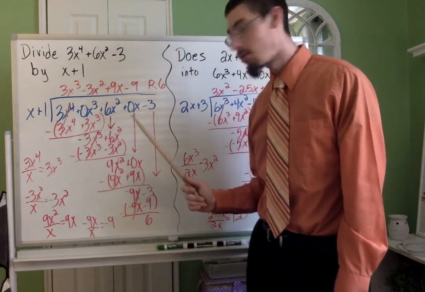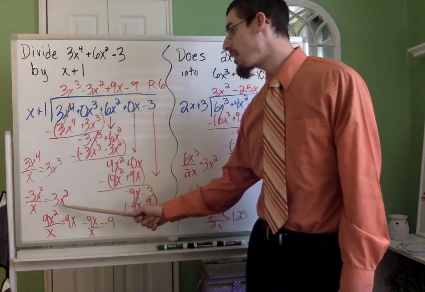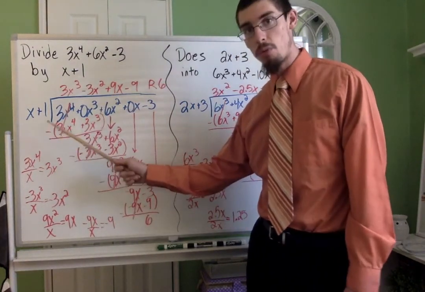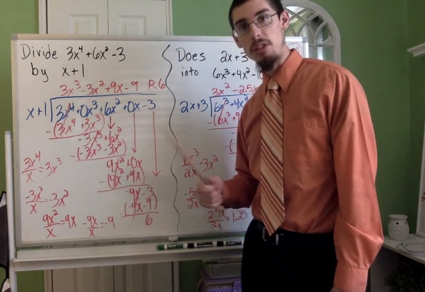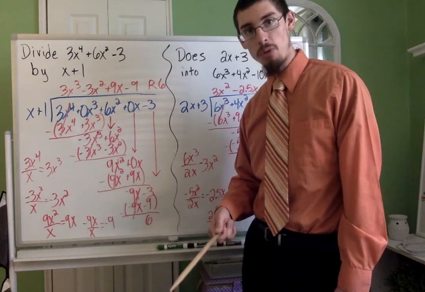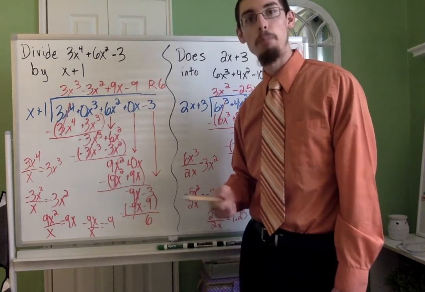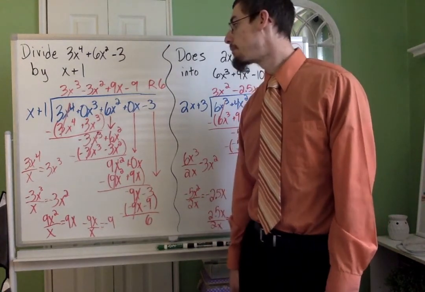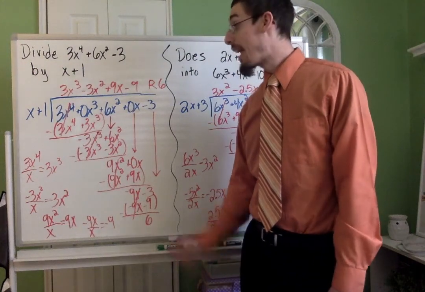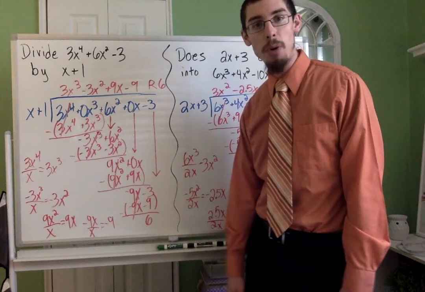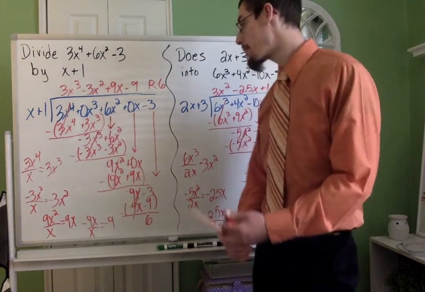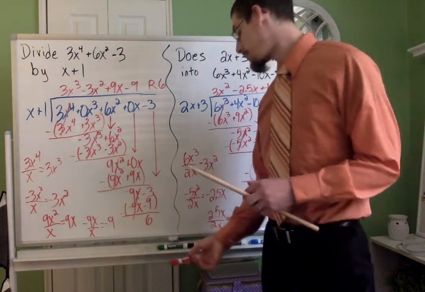Bring it down. Divide, distribute, subtract. Bring it down. Divide, distribute, subtract, bring it down. That's all you do. Again, just make sure you fill in any blank spaces with exponents that you may be missing. That's it.